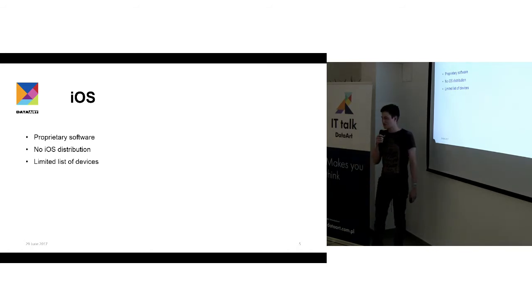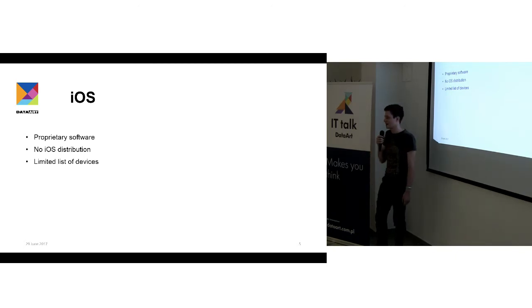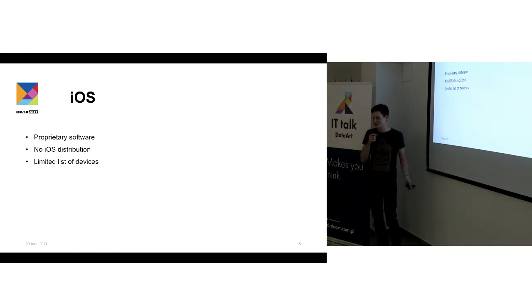Starting with the iOS operating system, it's a really proprietary operating system, so you won't be able to download it somewhere on the internet, on Google, and find it. It's not open source distribution, so you won't be able to find a cheap phone produced by Samsung or LG, whatever.